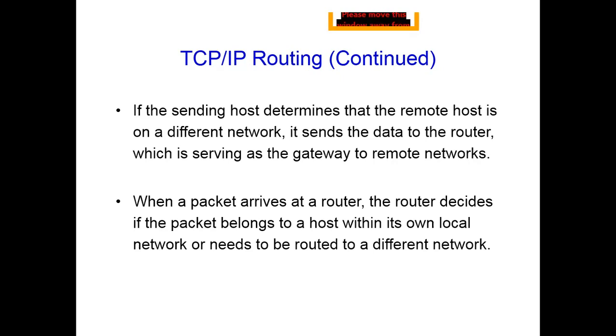Kapag yung IP address ay hindi pareho sa source, yon babasahin niya ng network at dadalhin niya sa iba. Kumbaga, yan. The router decides if the packets belong to the host within its own local network or needs to be routed to a different network. Yan. So kapag hindi niya nabasa, yan, i-route niya into another network.